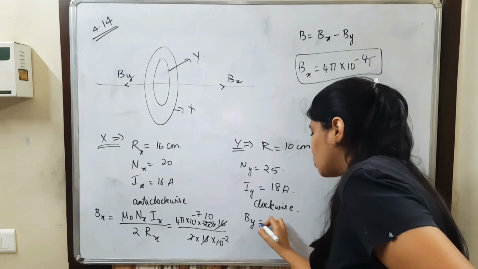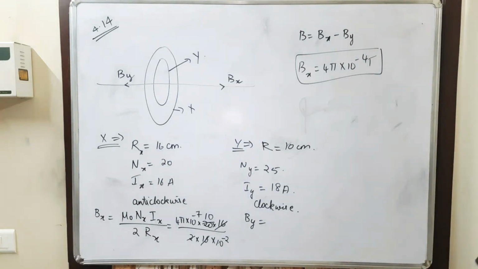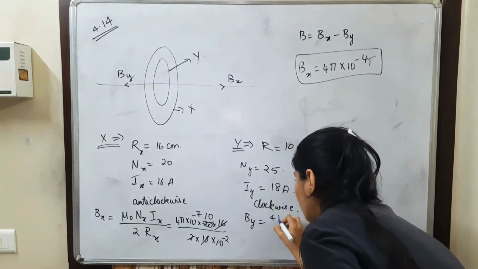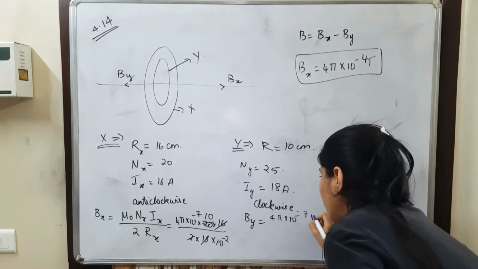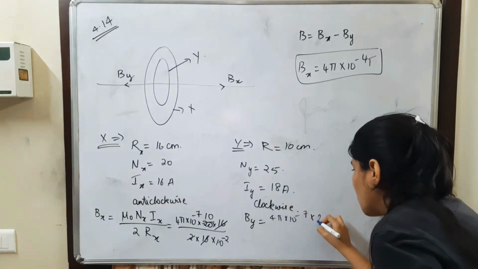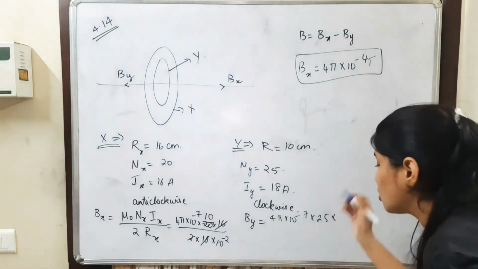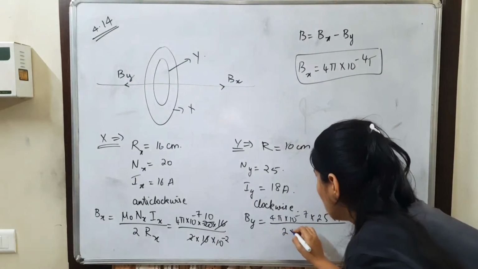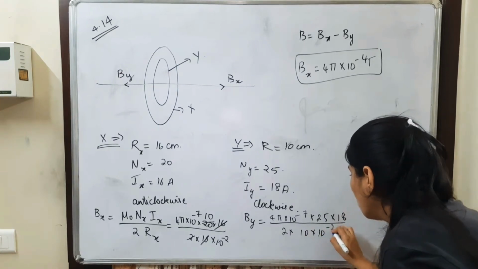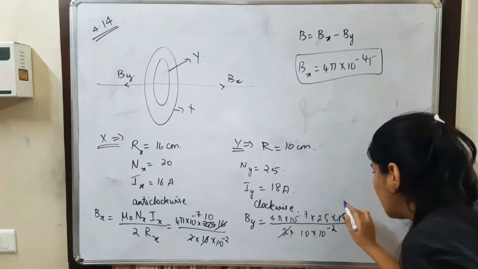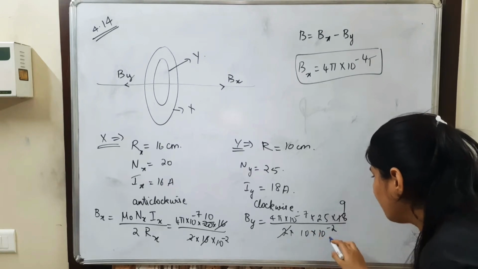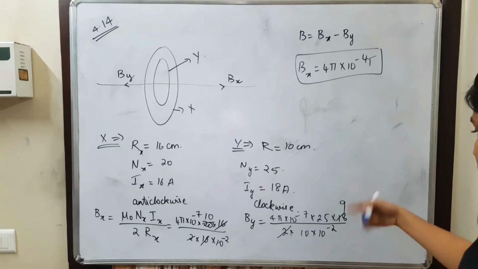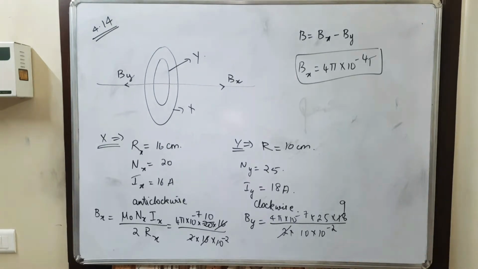Similarly, we will calculate By. The same formula applies for Y. So we have 4 pi into 10 power minus 7 into Ny, that is 25, into Iy, that is 18, divided by 2R, so 2 into 10 power minus 2. Once again, this will go 9 times, 10 power minus 2 gives 10 power minus 1. 25 into 4 is 100, so 10 power minus 1 goes to the numerator.